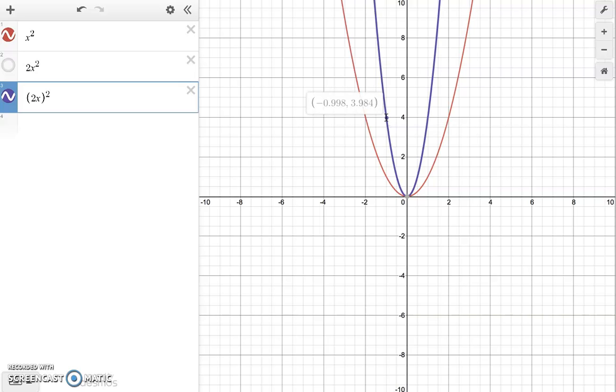That's not really a good way to look, though, because then we might think at the point 2, 4 that our y value might be 16, which actually would be true.